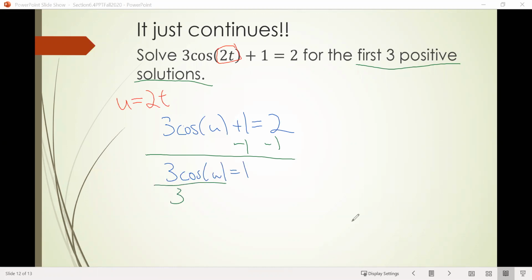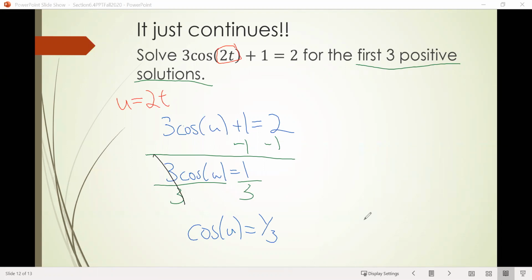Divide by 3 on both sides, and we end up with cosine of u equals positive 1/3. Now we have to start solving for our values of u.